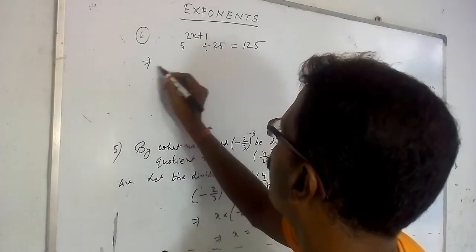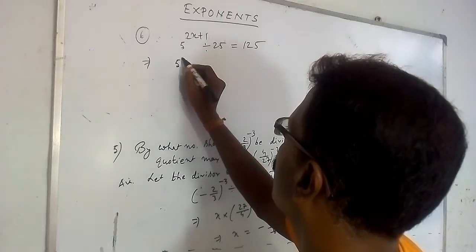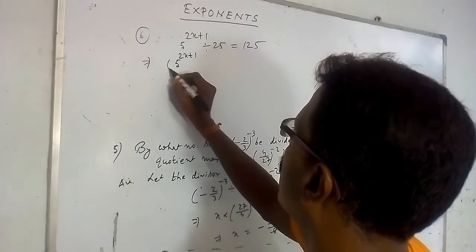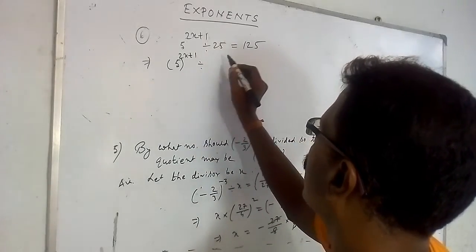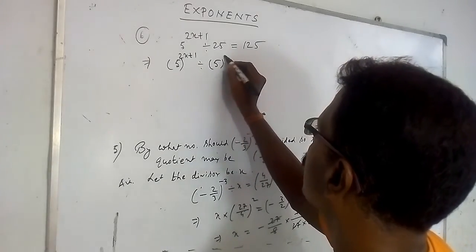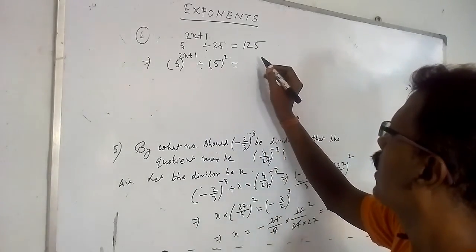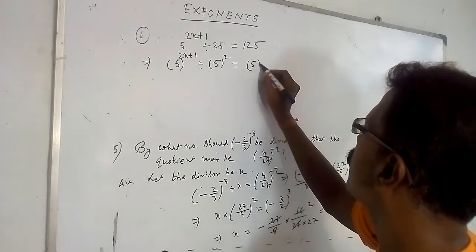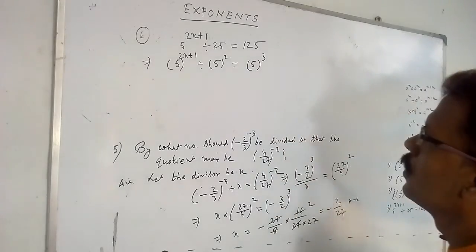So now how to perform: 5 to the power 2x plus 1, and 25. How can you represent 25? It can be represented as 5 square, and at the right hand side it can also be represented as 5 cube.